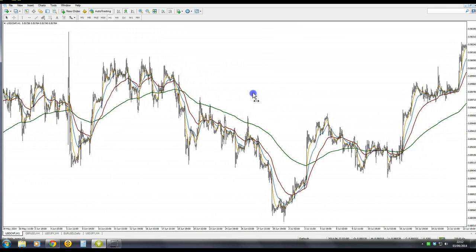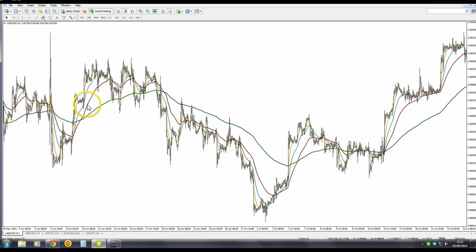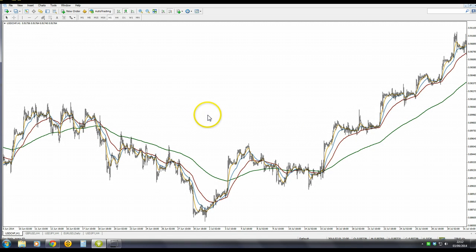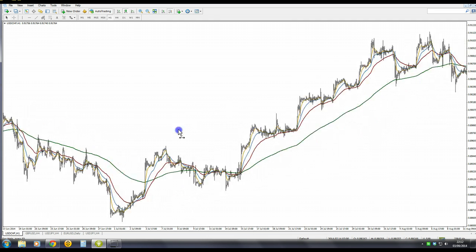But as I said, it works on the last 200 candles, which is quite a period away. For instance, this move here, by the time the orange line crossed through the green line, you'd already left a lot of pips on the table there, so you don't get in early on certain moves.